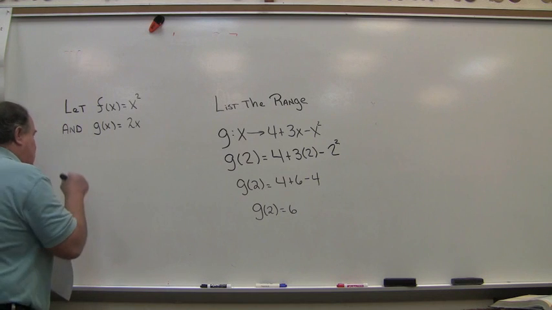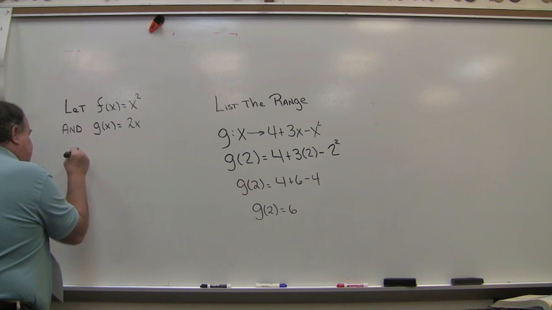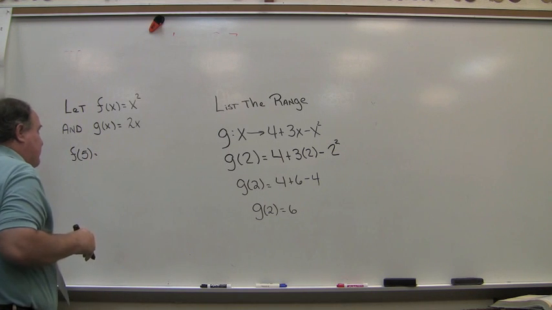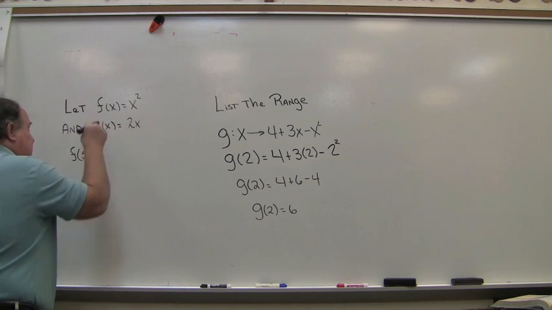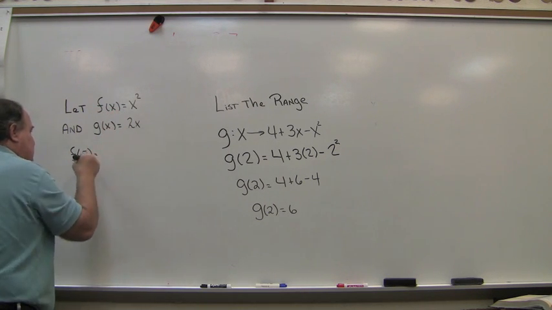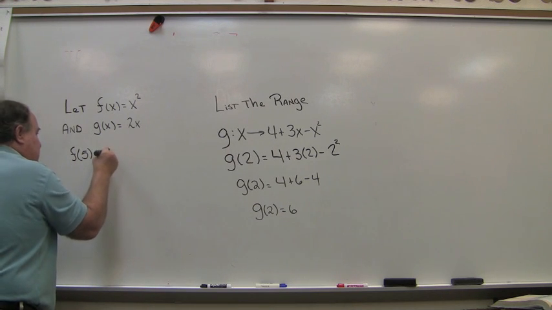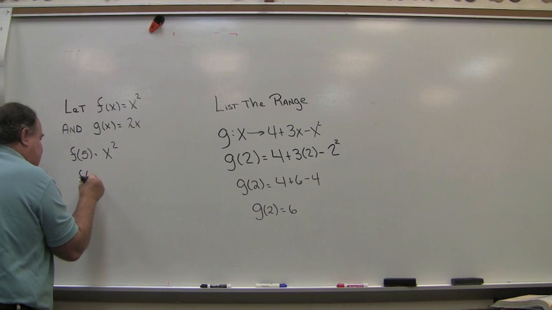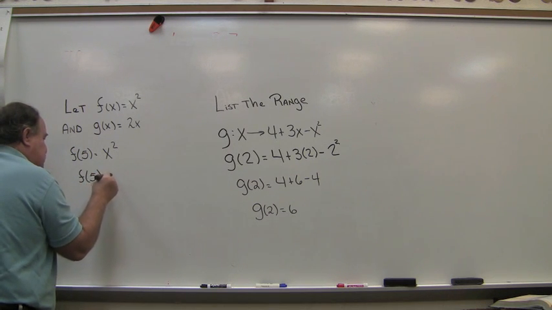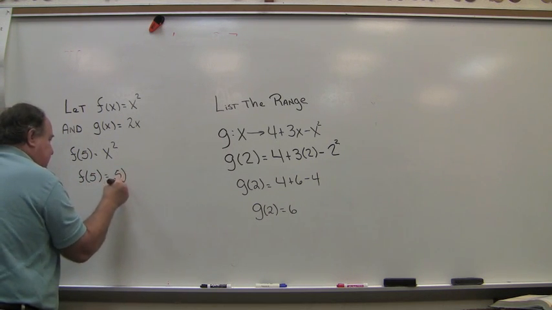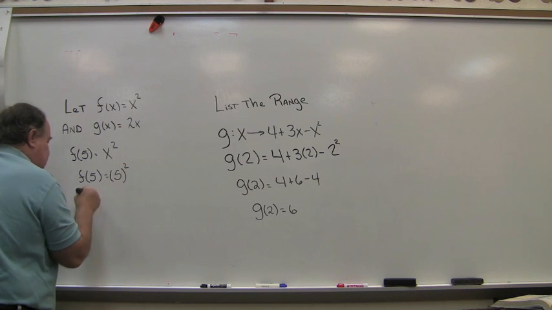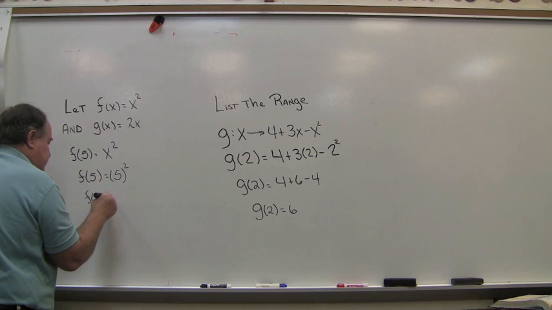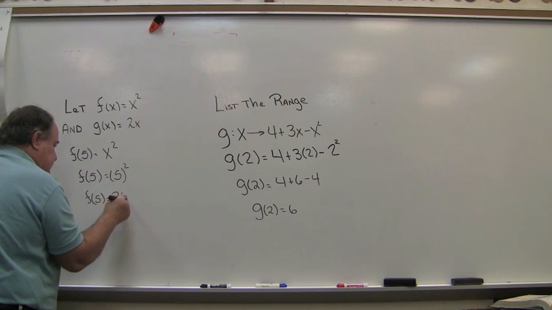What if I said, what is f of 5? To solve f of 5, I look up here, and I have f of x equals x squared, so f of 5 will equal x squared, but I'm going to take my 5 now and substitute it where I had my x, and f of 5 actually turns out to be 25.